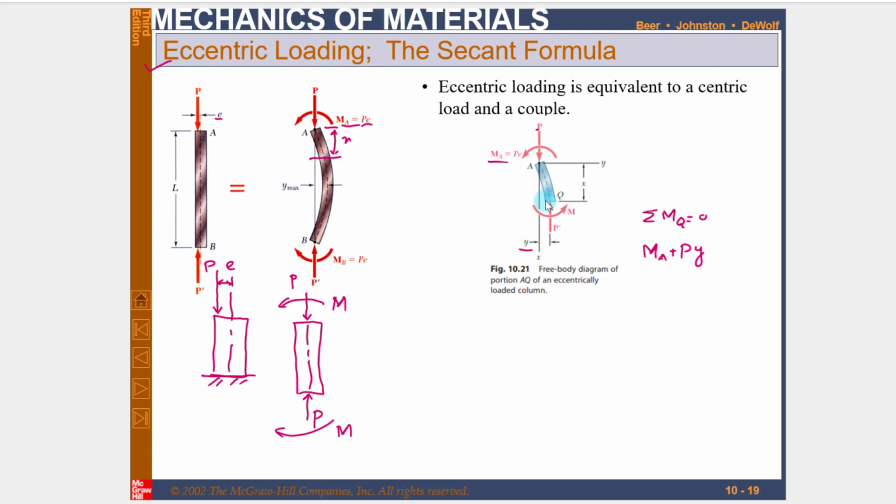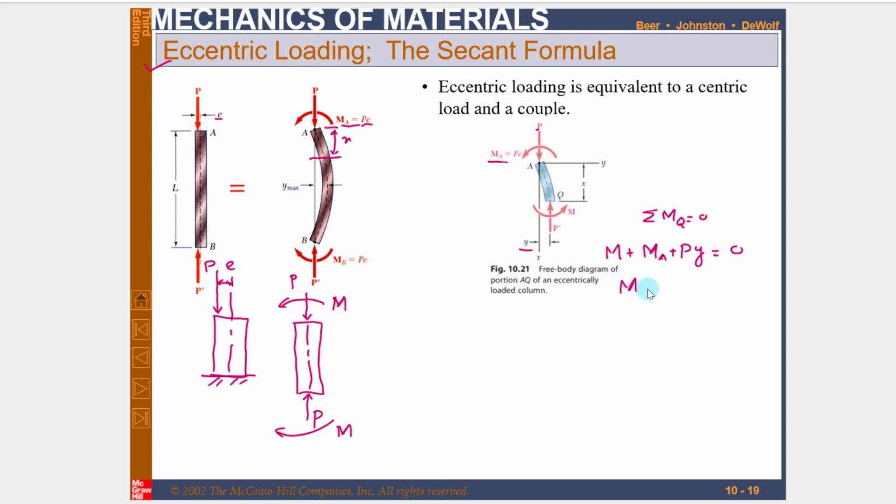If you cut the section over here, there will again be a reaction moment, shown over here. At point A, this is the couple due to the eccentric load, P is the axial load, and M is the reaction moment, so I will also write this M. Their sum must be equal to 0.